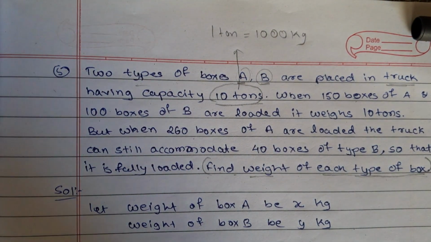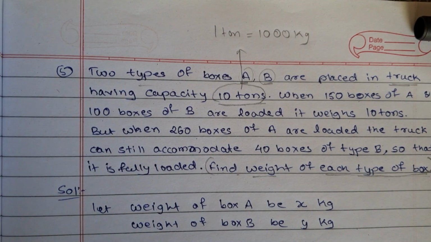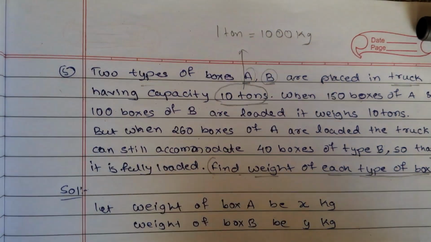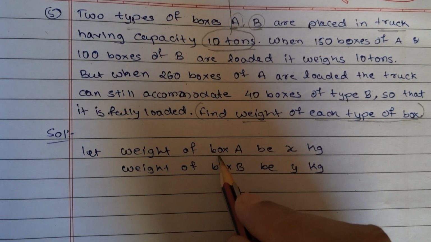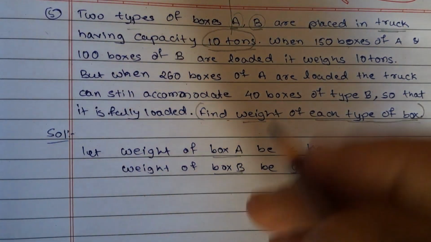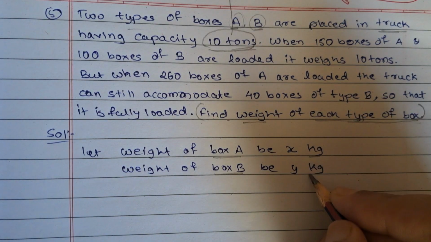Usually when we talk about a very big quantity, a truck full of loads will be counted in tons. But now in the sum, my aim is to find the weight of just one box A and one box B. For that, I might not need to use the unit ton. Kilo should be sufficient for me, isn't it?